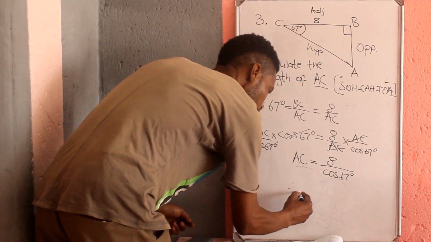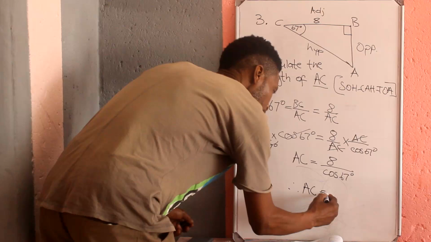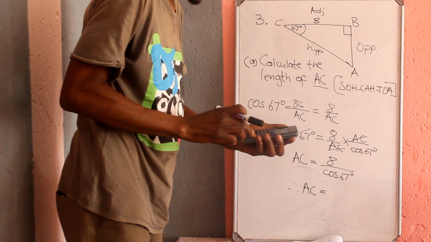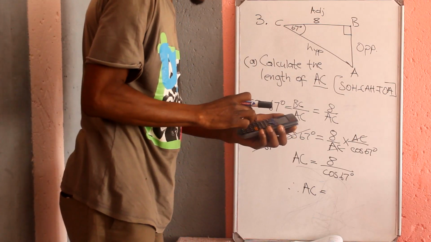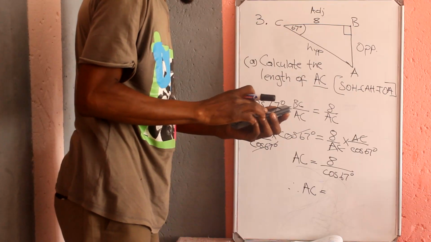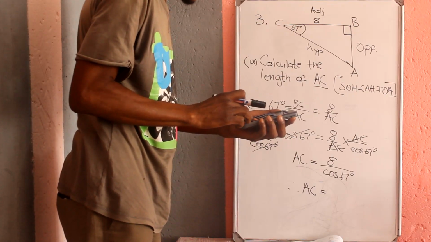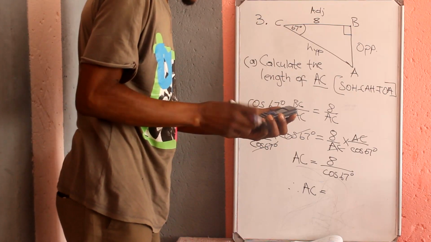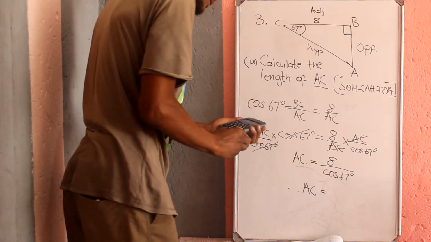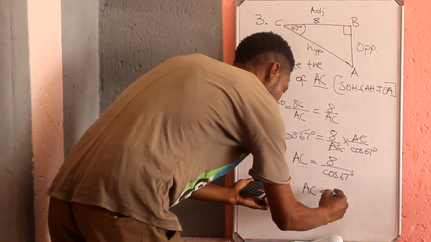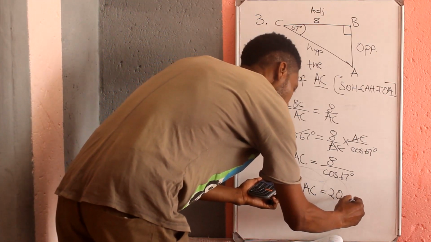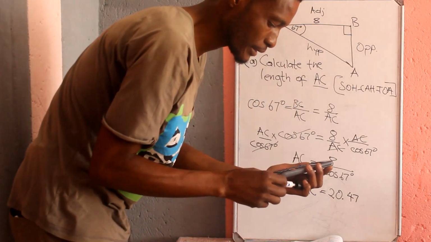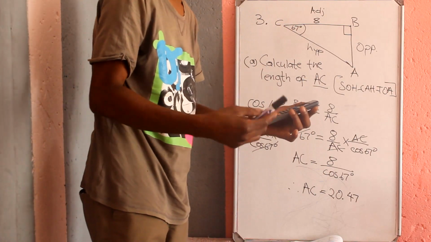Then AC will be equal to, you punch that into your calculator, 8 divided by cos 67 degrees, giving you 20.4744.